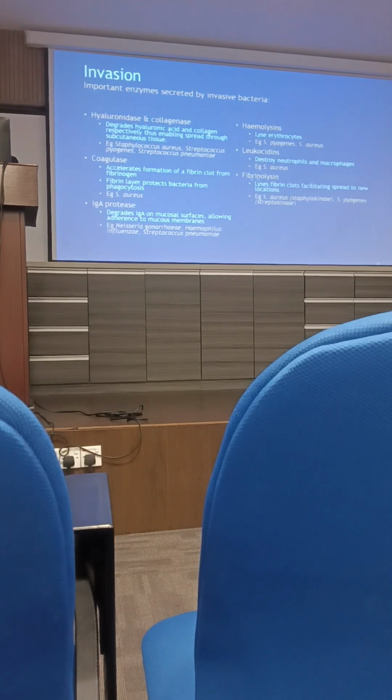Okay, and fibrinolysin is the opposite of it. So Staph aureus has both. It can produce coagulase, it can also produce fibrinolysin to lyse the fibrin clot that it had formed, and to allow it to spread to the next cell and so on. Okay, so these are all invasive enzymes.